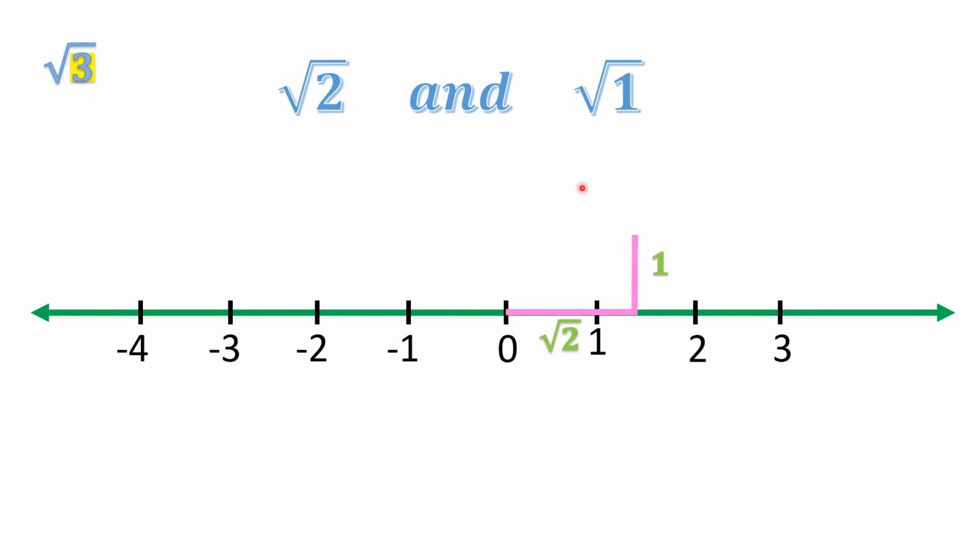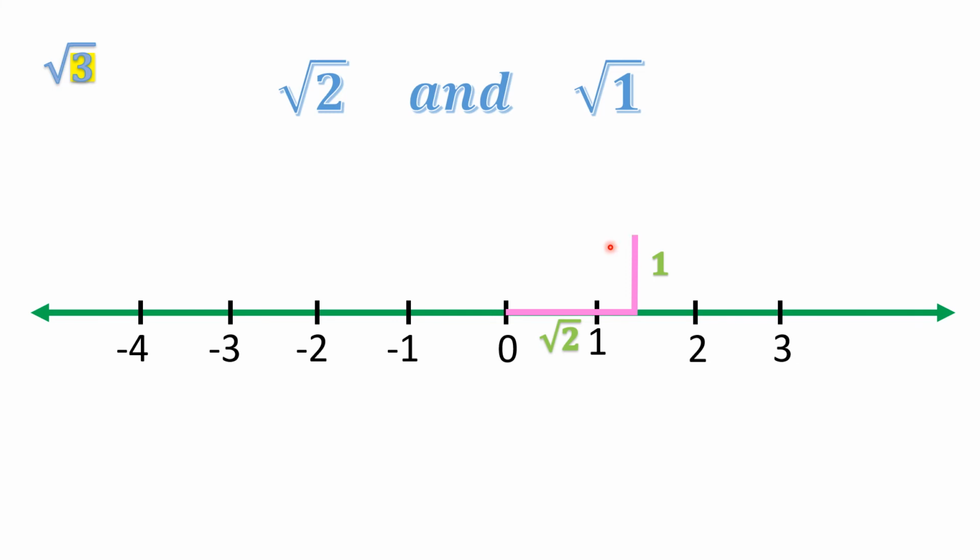So as you can see, first I got two numbers when I split 3, then I took the square roots of those two numbers, then I took lines with these measurements. The root 2 line is here and the root 1 line is here. So I took two lines. Since I got two lines, these are two parts of a right angle triangle.